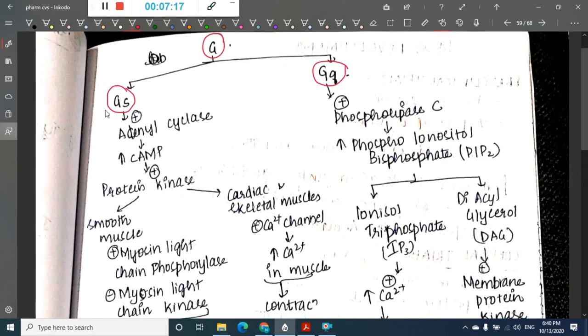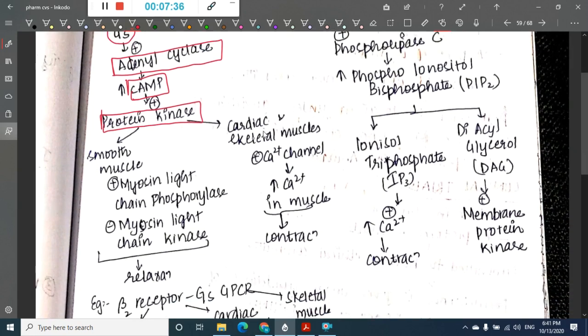So first, the GS type will activate adenyl cyclase. Once it activates adenyl cyclase, it will convert ATP to cyclic AMP and cyclic AMP is increased. This cyclic AMP will activate the protein kinase. Okay, this protein kinase is present both in the smooth muscles and in the cardiac muscles.